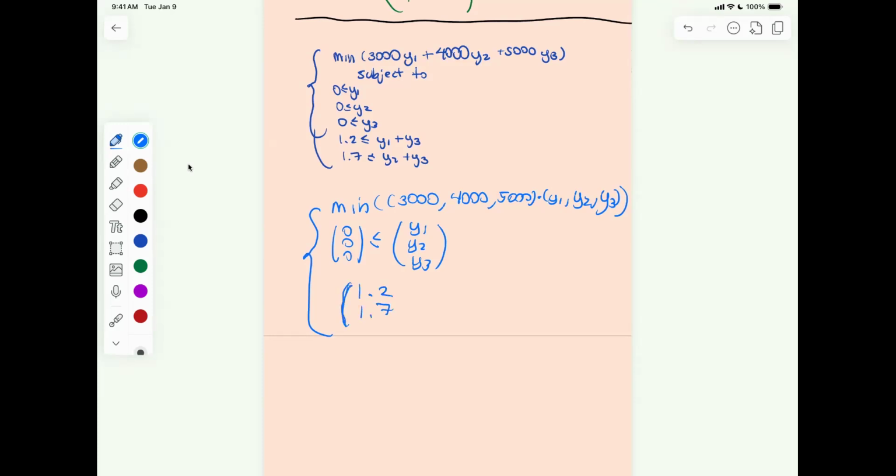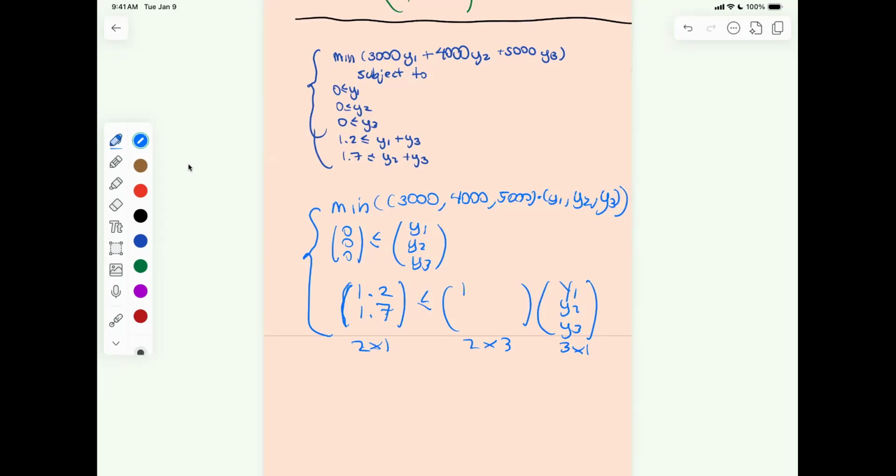1.2, 1.7 less or equal than, okay. Again, you want to extract a matrix from here, so this should be a 2 by 3 matrix. This is 3 by 1, this is 2 by 1, so that makes sense. And it's just the coefficients: it's 1 for y1, 0 for y2, 1 for y3.